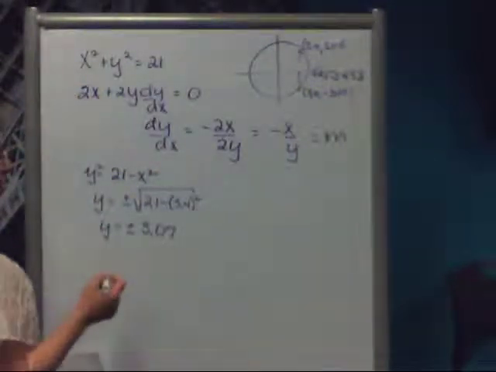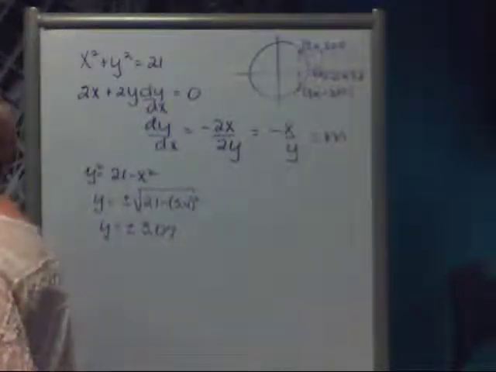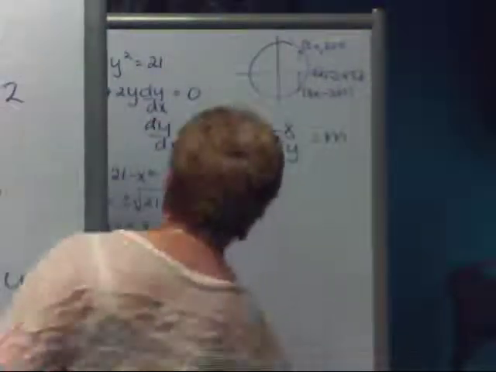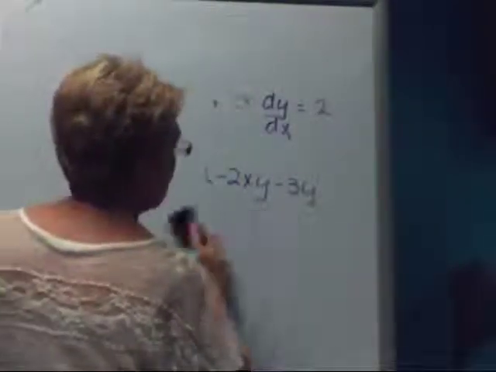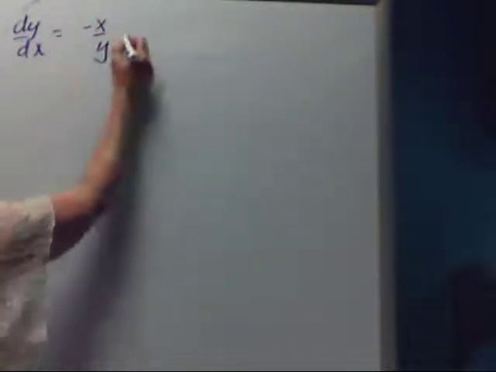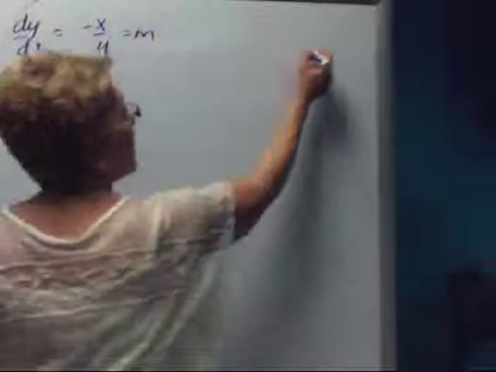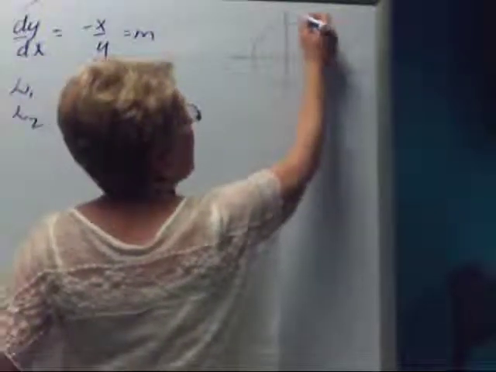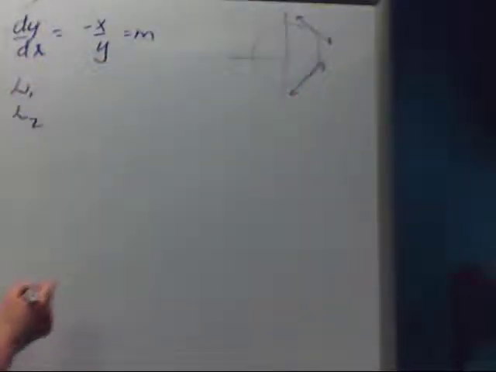Now we have to write the equations of the tangent lines, and I'm going to grab the other board. So we have our dy dx equals minus x over y. And we know that this is going to be our m. But we're going to have two lines, line 1 and line 2, because we have a circle that has two tangent lines, one at positive y, one at negative y.